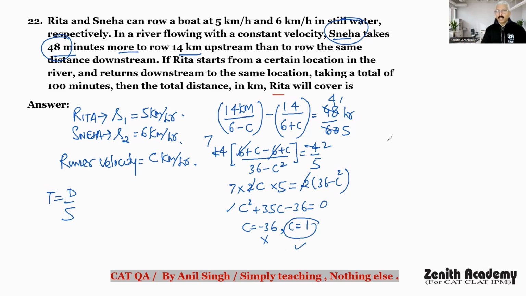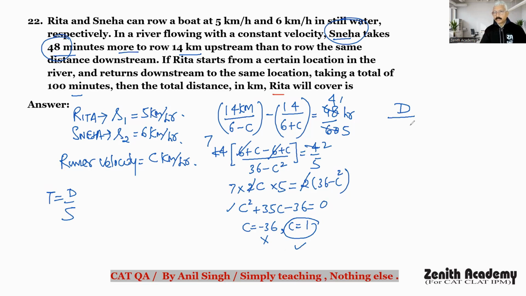Okay. And now Rita starts from a certain location in the river and returns downstream to the same location, taking a total time of 100 minutes. So suppose Rita traveled distance d downstream and distance d upstream, in the direction of the river and against the direction of the river.